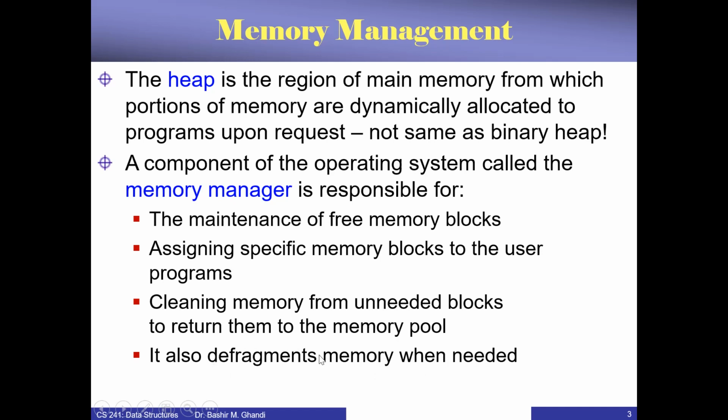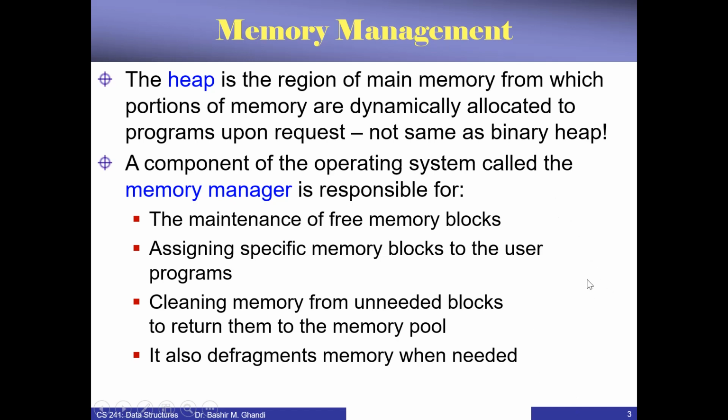Now, defragmentation means, well, before we explain the defragmentation, let's explain fragmentation. Fragmentation means having small pieces of memory in many places within the RAM, but they are too small to be allocated to a program. Okay, 1 byte here, 2 bytes there, 3 bytes here, and so on.